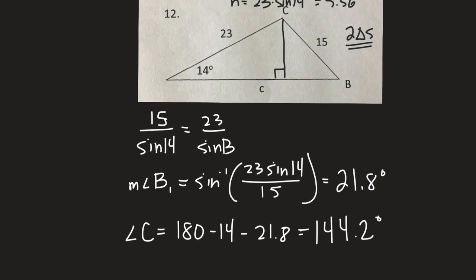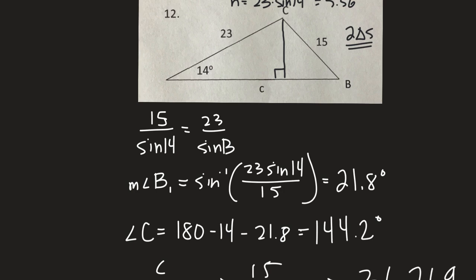And then we would find side C, right, by doing another law of sines, C over sine 144.2 equals 15 over sine 14. Okay, if we do this, that would be 15 times the sine of 144.2 divided by the sine of 14, and C would come out to be 36.269.